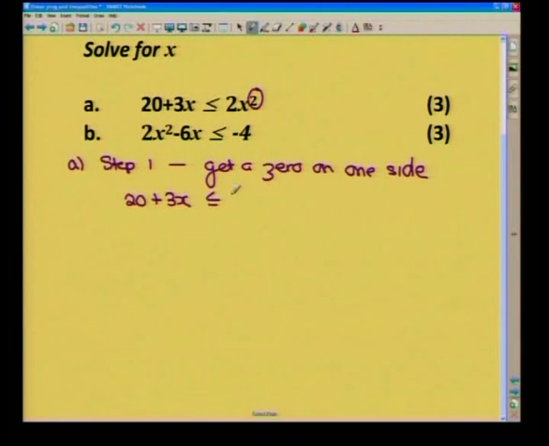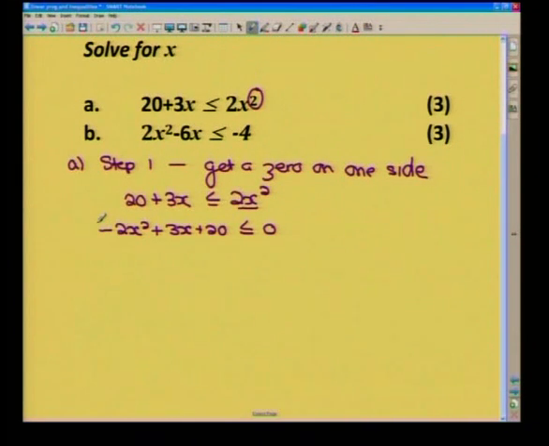Right, let's have a look at this. We have 20 plus 3x smaller than or equal to 2x squared. Now, what did I say? Get a 0 on one side, and I said most pupils prefer the 0 on the right-hand side, which means I'm going to go minus 2x squared, because I'm going to transpose that over, plus 3x plus 20 less than or equal to 0. Now, there's a negative there, and we don't like having a negative on our x squared.